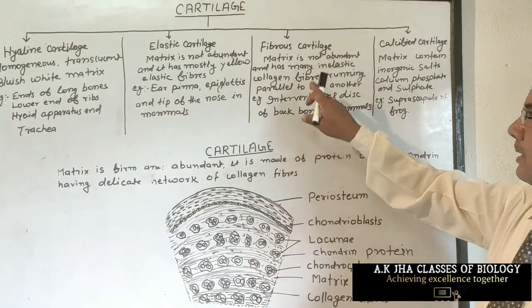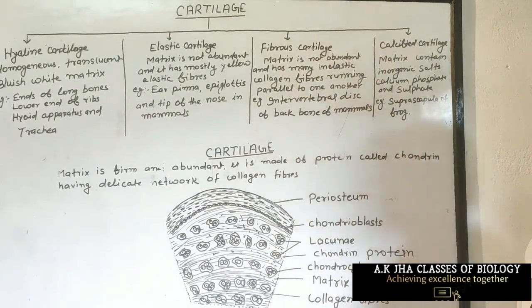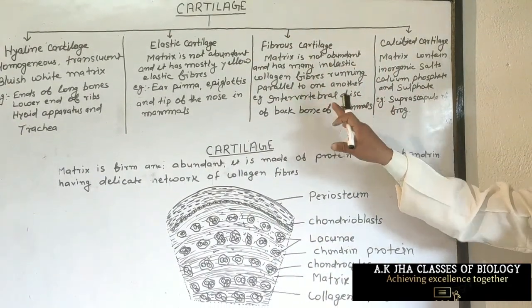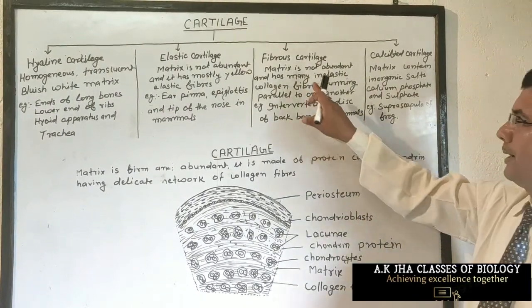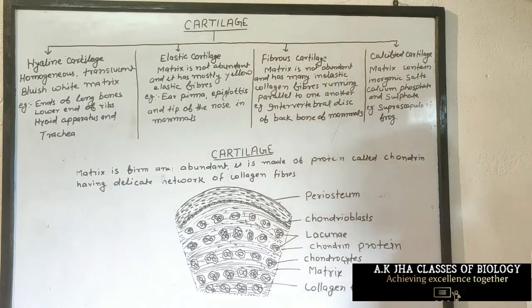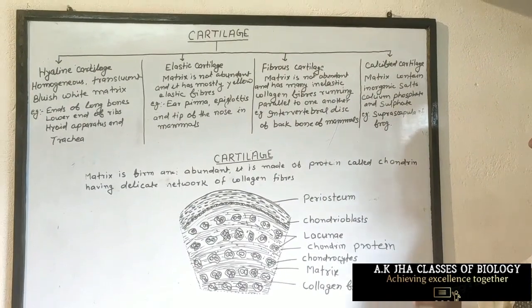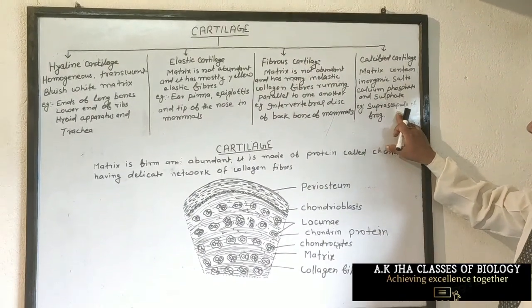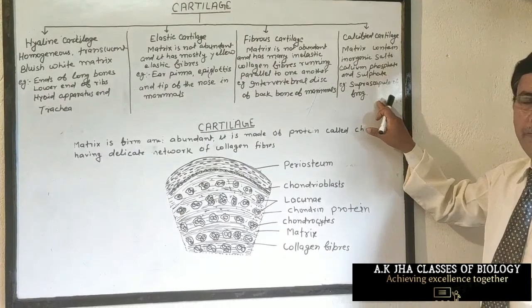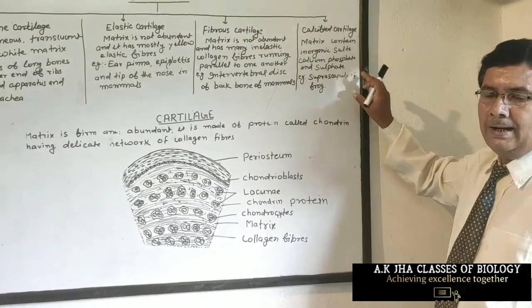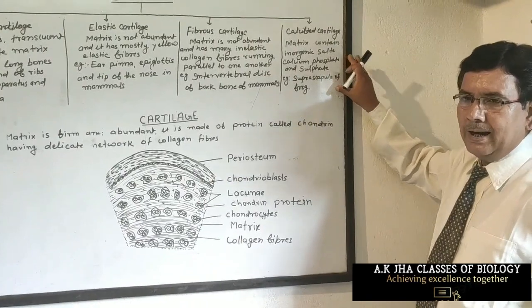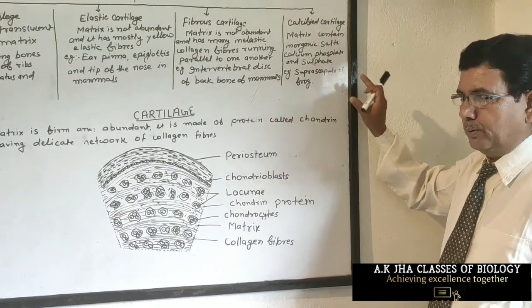The matrix is not abundant and has many inelastic collagen fibers running parallel to one another, so it is called fibrous cartilage. And fourth is calcified cartilage, where calcium carbonate, calcium phosphate, and calcium sulfate are present in the matrix of this cartilage, and it becomes hard and comes closer to bone.